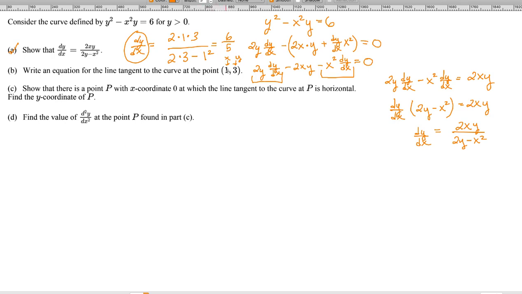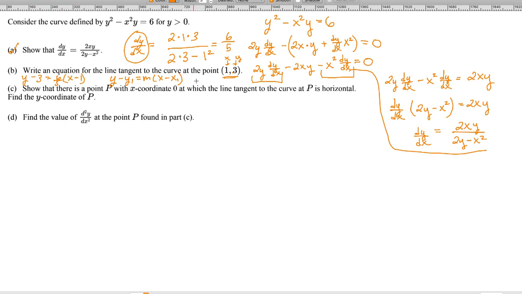And I have a slope and I have a point. An equation for the tangent line could be y minus y1 equals m times x minus x1. This is point-slope form. And I get y minus 3 is equal to 6/5 times x minus 1.